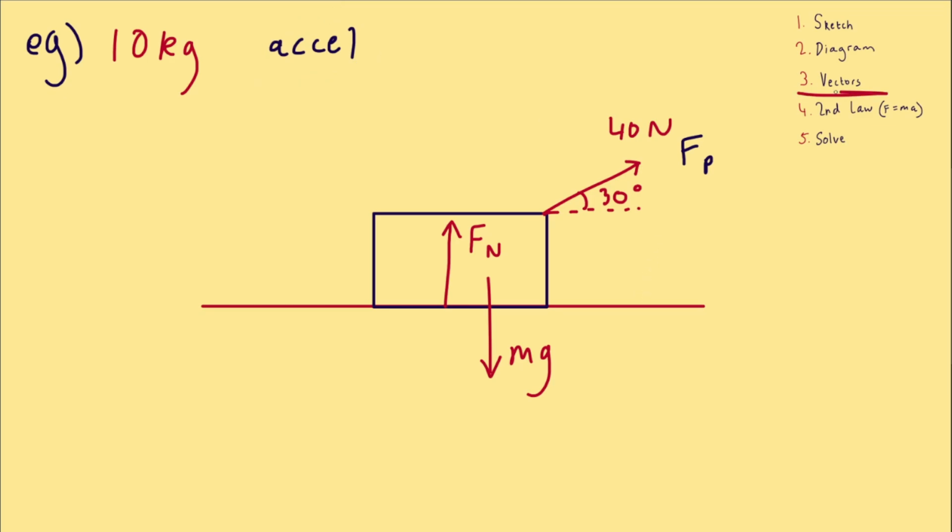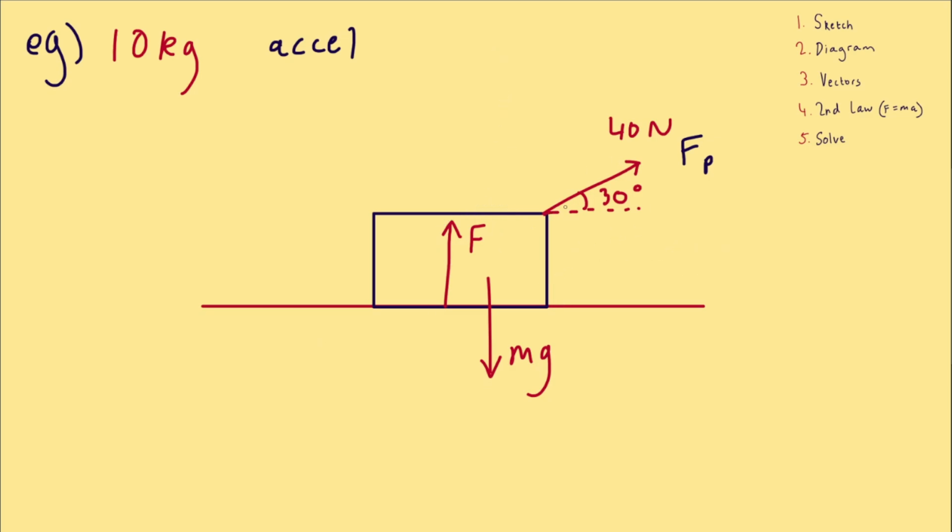Step 3. Resolve the force vectors into their x and y components. Our coordinate system, our chosen reference frame, would be y going up and x going to the right. The acceleration of the book as it slides along the table would be in the positive x direction. That means we can disregard these vertical forces entirely because they don't affect the horizontal motion. Then what is the horizontal motion?